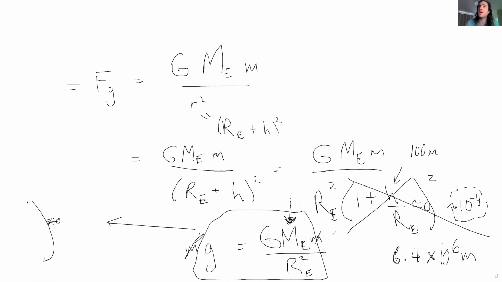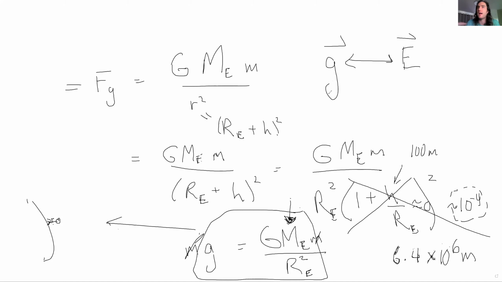Isaac Newton figured this out by making this argument here. Then Gauss comes along and says, I have these integrals that show me, using Gauss's law, that only the mass in the surface counts for the calculation of the field outside. g is like the electric field. g is the field, a vector field.